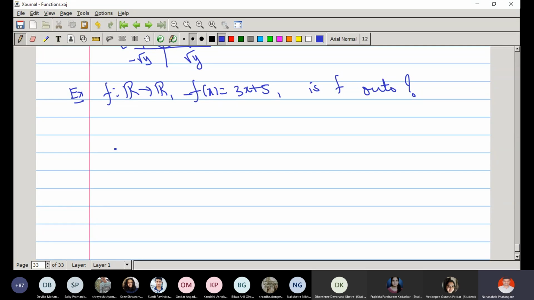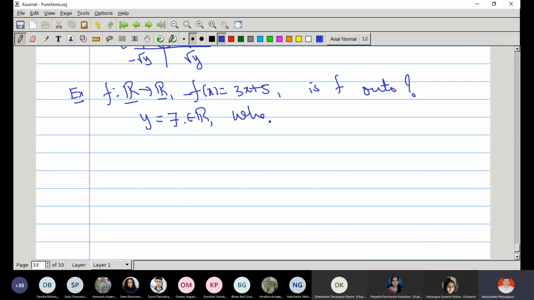What is the codomain here? The set of real numbers. So for example, if I choose y equal to, suppose, 7, can you produce a preimage?